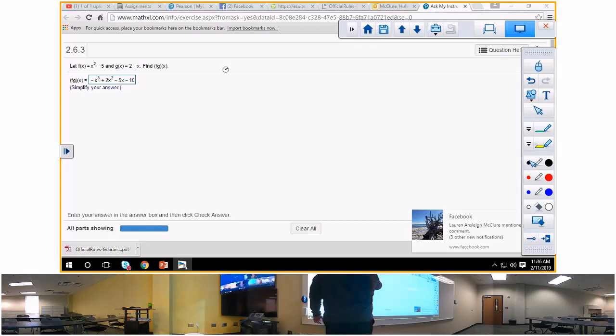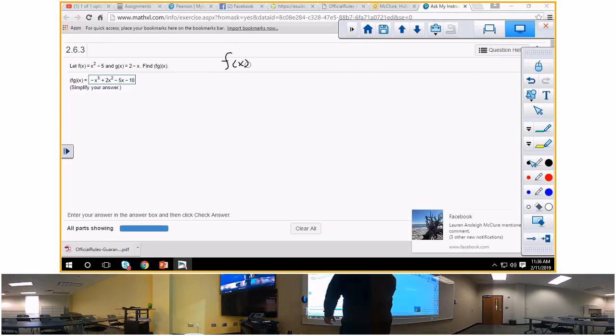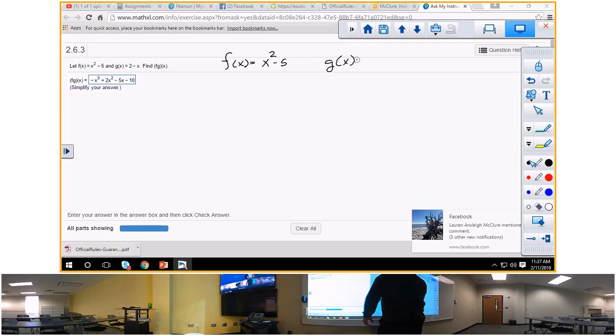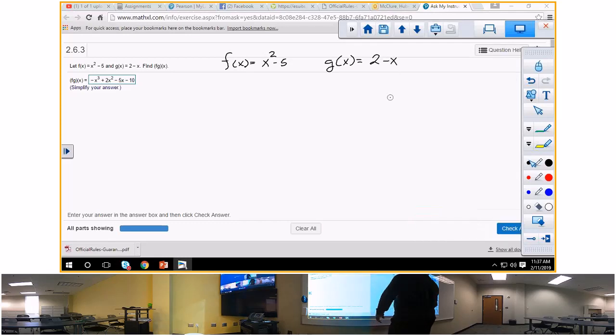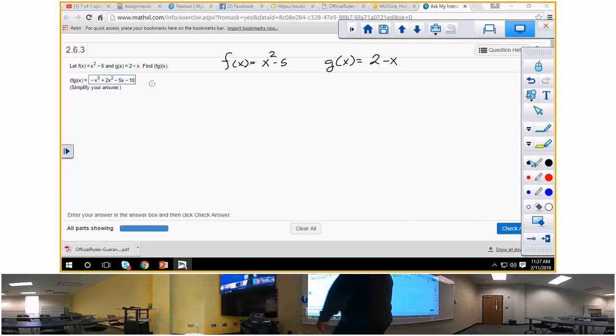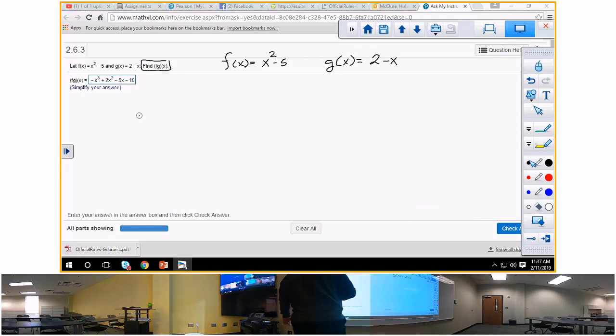So if f of x is equal to x squared minus 5, and g of x is equal to 2 minus x, I would never write it like that. I would write it minus x plus 2. This right here says f composed of g of x. It looks like, or it says f times g of x. I don't see an open circle because an open circle would look like this.